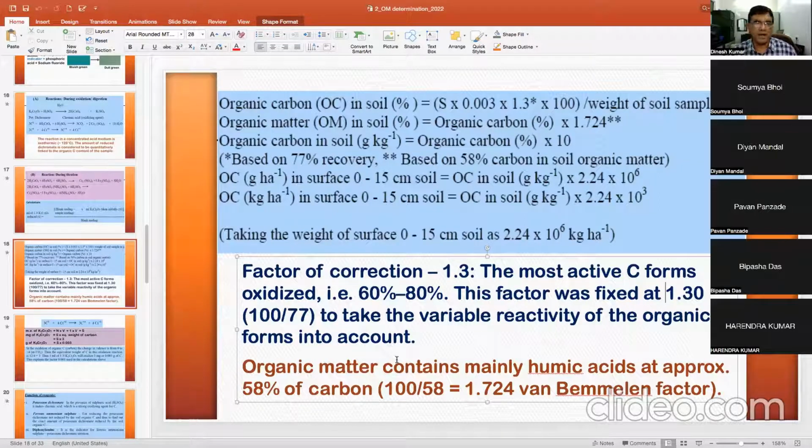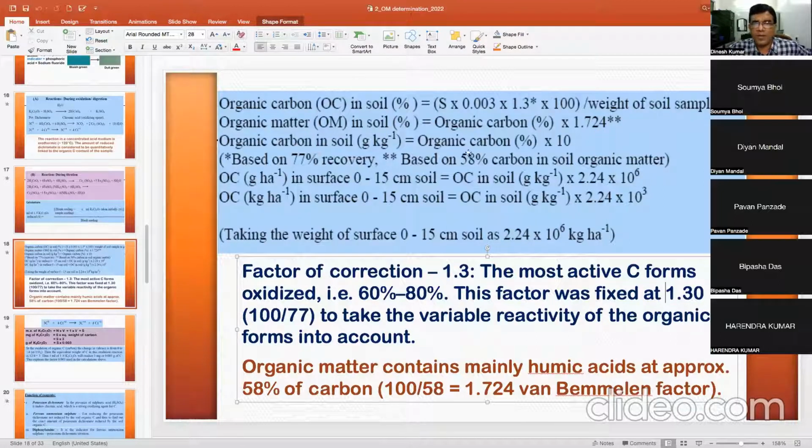Because this method is underestimating, you need to fill the gap by multiplying by 1.3 into 100, divided by weight of soil sample in gram. Organic matter in soil is organic carbon into 1.724.